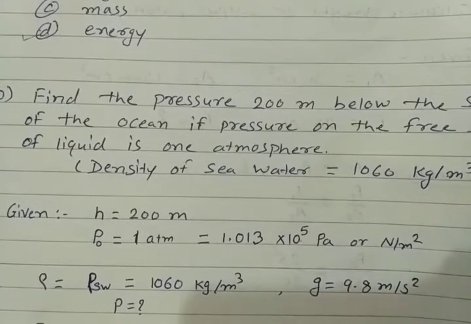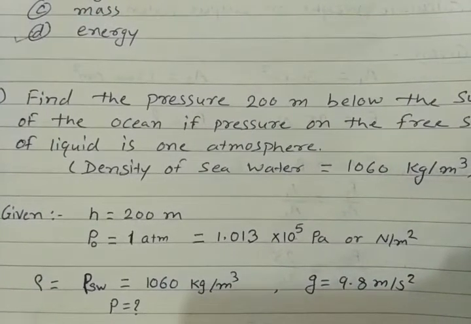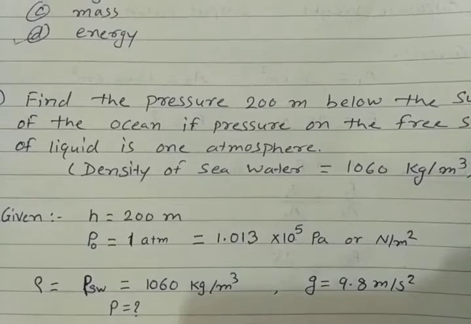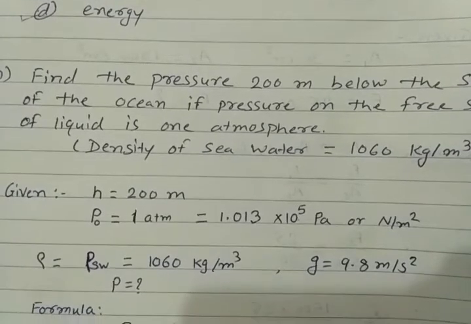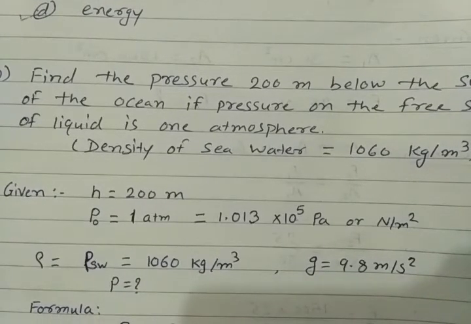So we have converted this atmospheric pressure into SI units. Now the density of seawater is given to be 1060 kg per meter cube, and acceleration due to gravity is also given to be 9.8 meter per second square. We have to find the pressure below the surface of the ocean.